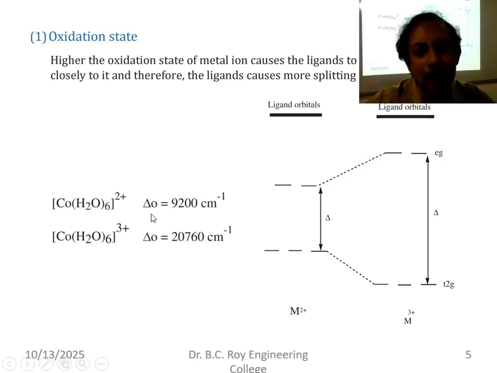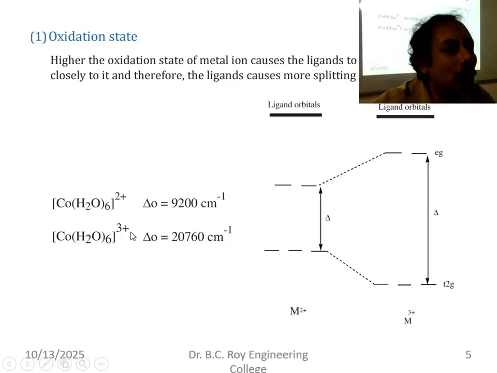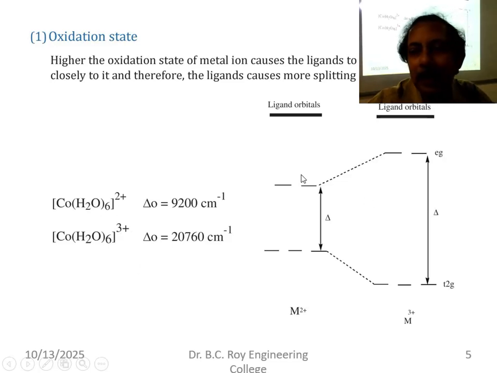Here Δ_O is 9200, and here it is 20760. See how much difference, more than double. The difference is only 2+ and 3+, so the oxidation state obviously matters. See the gap here and the gap here. This is the M2+ metal ous ion, and this is the metal ic ion.